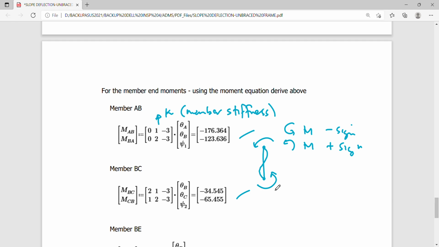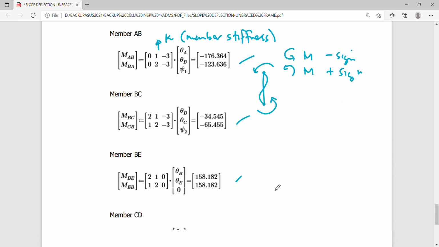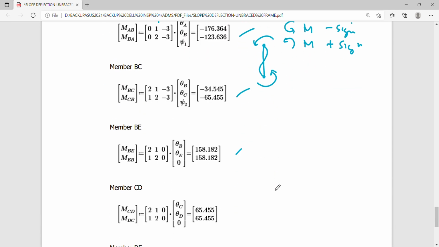So for the beams, let's say member BE is a beam. How do I know that this is a beam? Because there's a 0 chord rotation there. So this is a 158. Therefore, my beam member is a clockwise member. So my end rotation is like this.